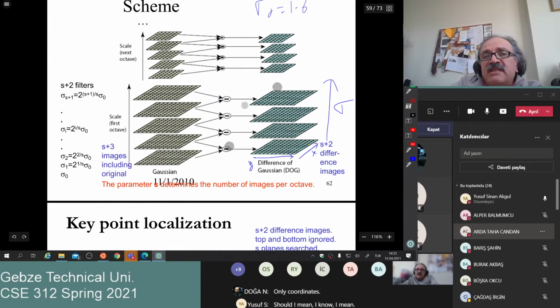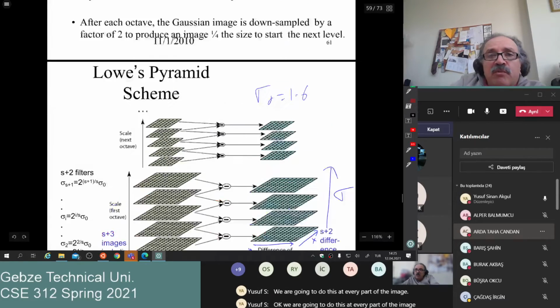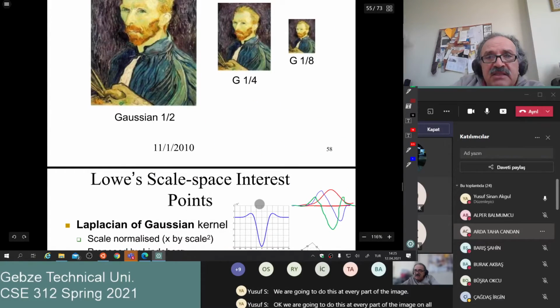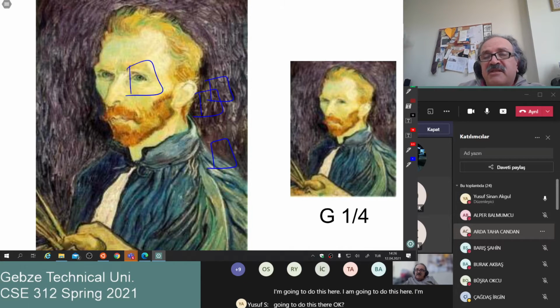We are going to do this at every part of the image, on all possible locations in the image. I am going to do this here, here, and there. All possible locations, like we did with the Harris corner detector. And if you find such unique points that are different from x, y neighbors and the sigma neighbors, then I'll say, okay, this is a special point.